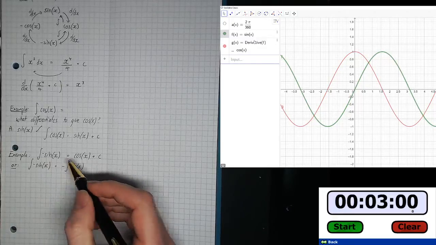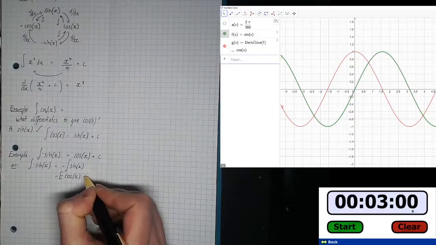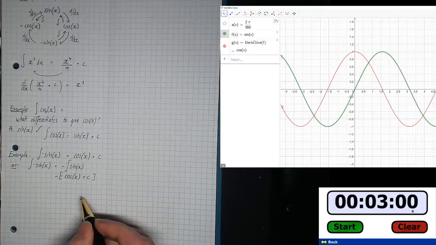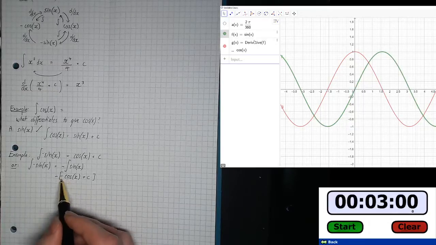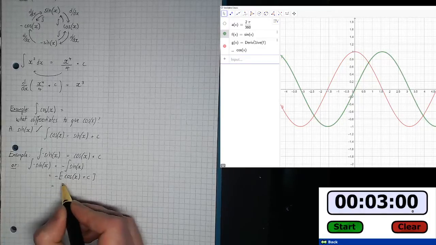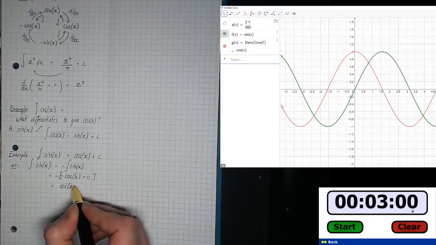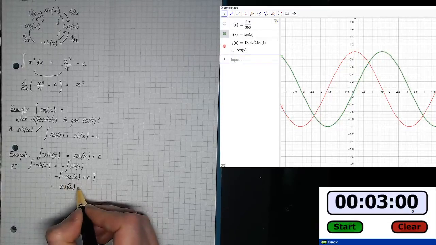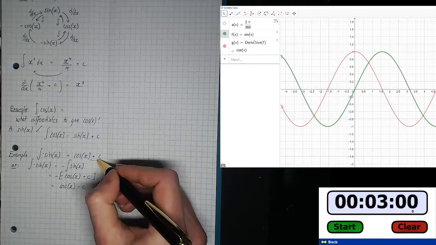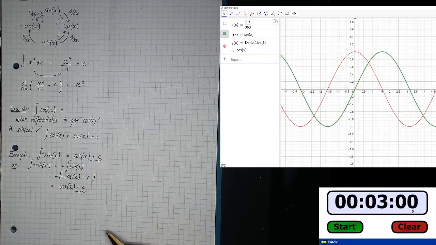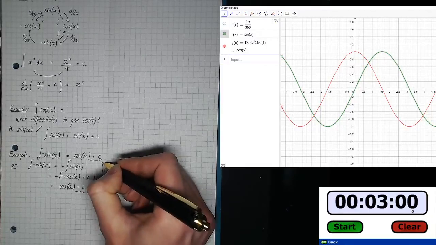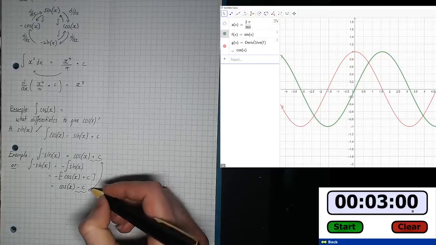Now, the integral of sine x simplifies to give me cos x, and then I'd subtract c. The fact that here I've got plus c and here I've got subtract c doesn't really matter. It just means that the numbers we get for our constants of integration will be of opposite sign.